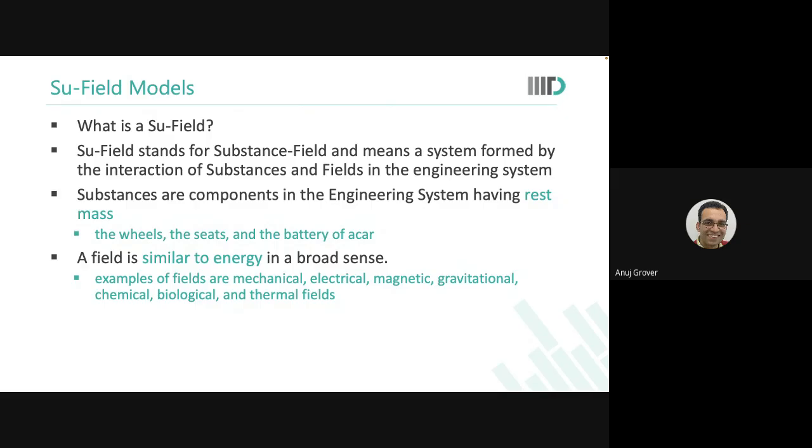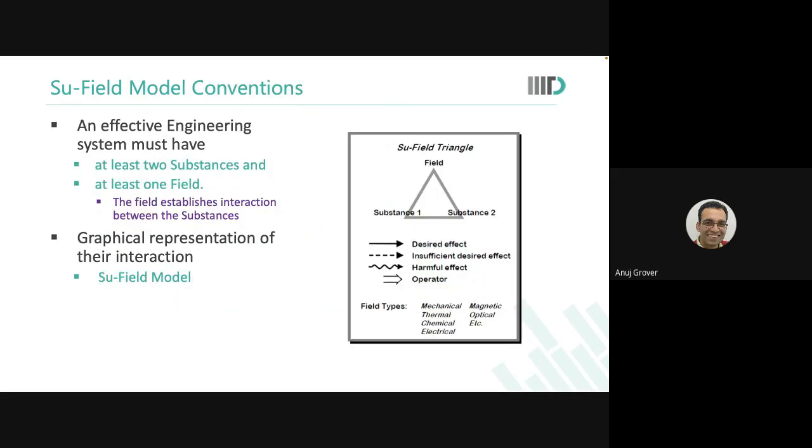Fields. A field is similar to energy in some sense. And examples are gravity, magnetic fields, electrical, mechanical, thermal, even biological fields. And an effective engineering system must have at least two substances and at least one field.